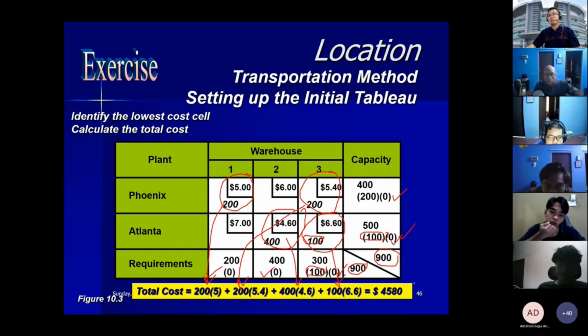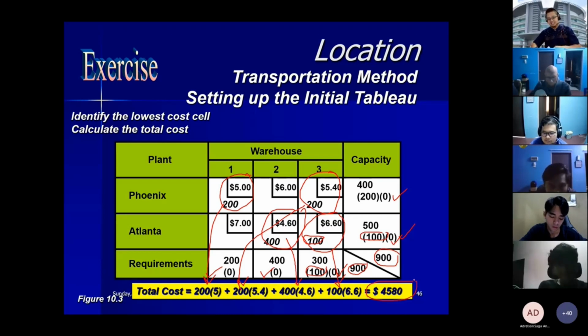So the total cost that we get for this answer is 4,580 ringgit. Understand? Clear? Very easy, right?